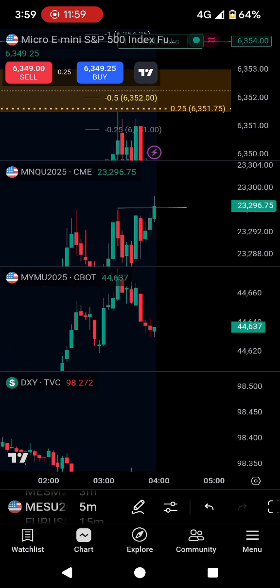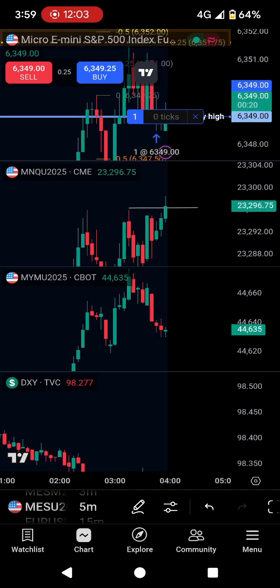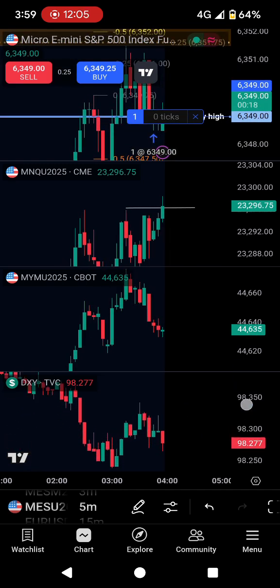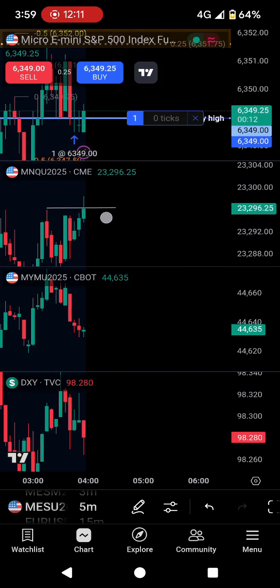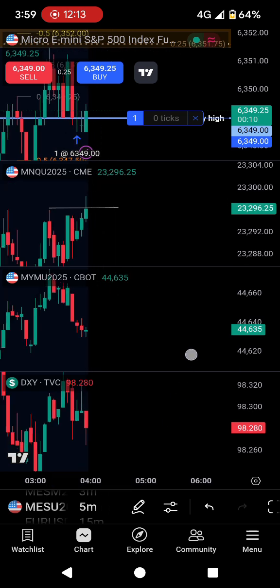So this is Dow, ugly. Dollar, well, dollar looks pretty firm to the downside. Don't really like this rejection here.